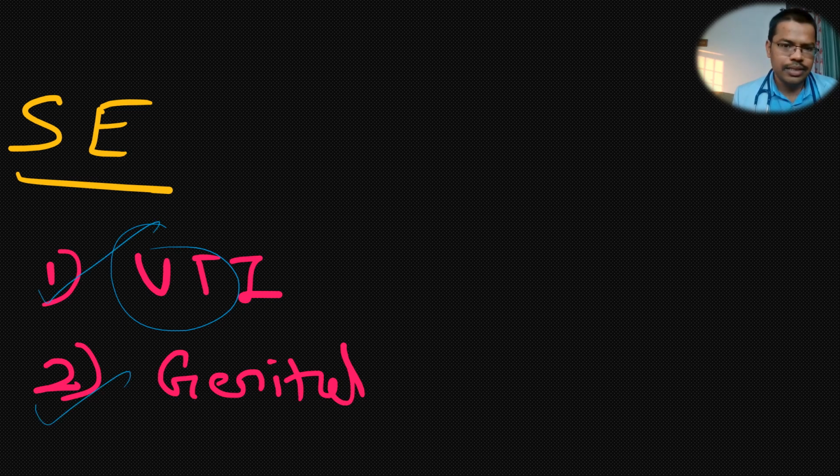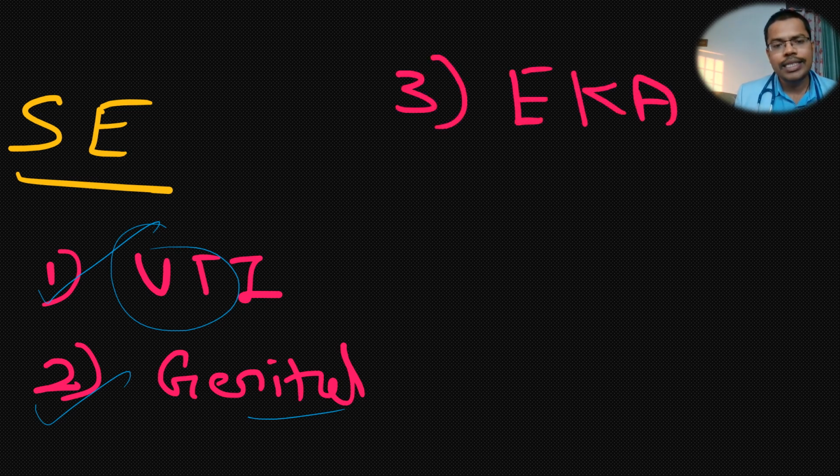Genital infection is very common, especially in female patients who are diabetic. Also in males, one particular point to mention with respect to MCQs is Fournier's gangrene. Perineal gangrene can occur, very rarely, but genital infections like vaginitis and vulvovaginitis are common. The third one is euglycemic ketoacidosis.